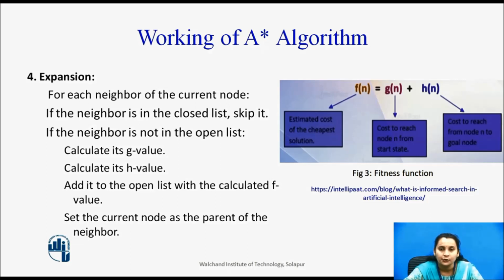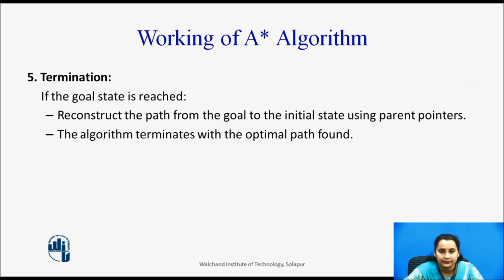The total is called the estimated cost from source to destination or goal state, which is the cheapest in the solution space. So add it to the open list. After exploring that particular node and visiting all its children nodes, we add that node into the closed list.